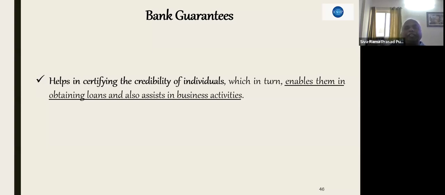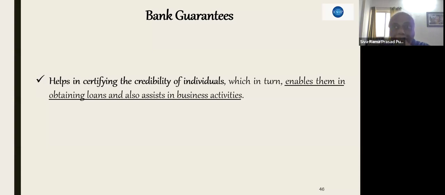It helps in certifying the credibility of the individuals, which in turn enables them to obtain loans and also assists in business activity. Particularly, sir, in MSME clusters, whenever they purchase goods and raw materials, they take the guarantee from the bank and give it to the suppliers. Only then will the goods be supplied. Otherwise, no.